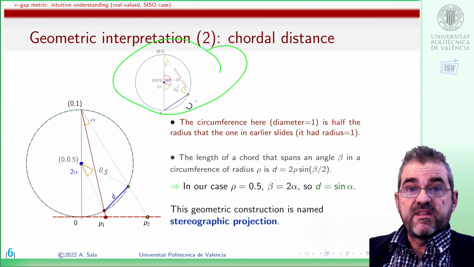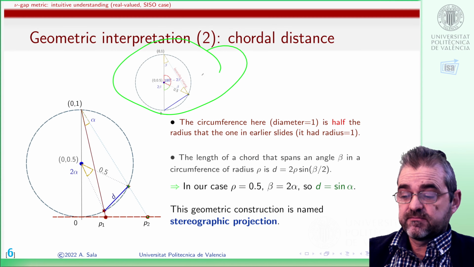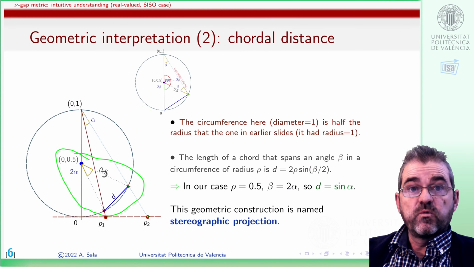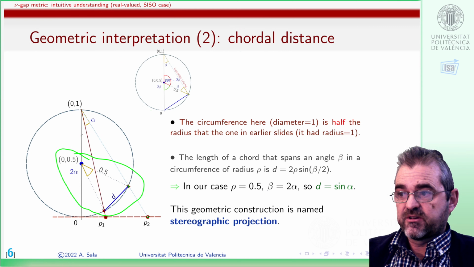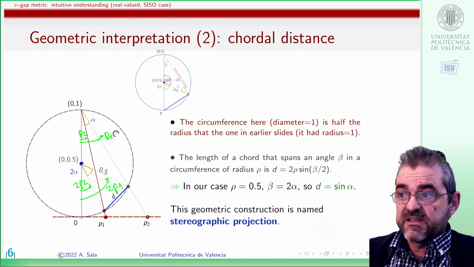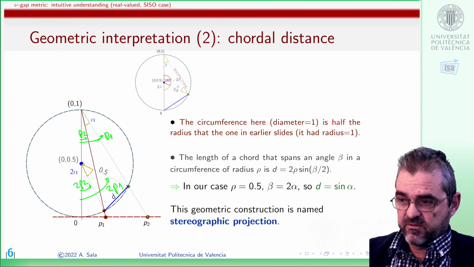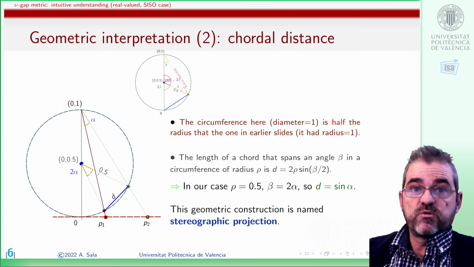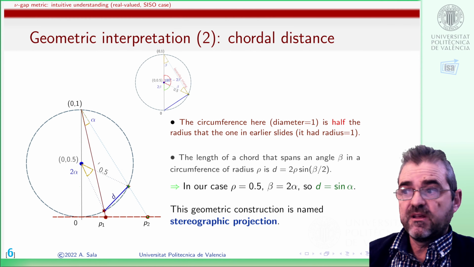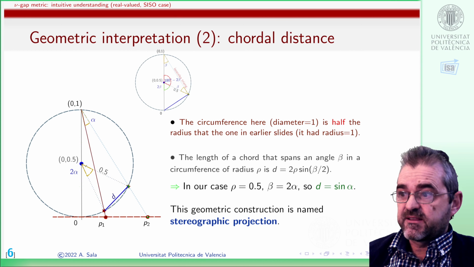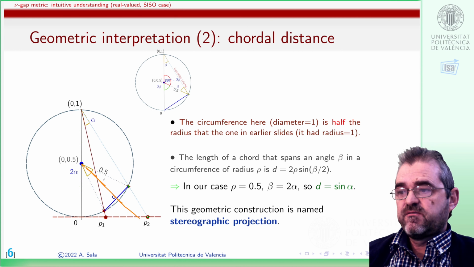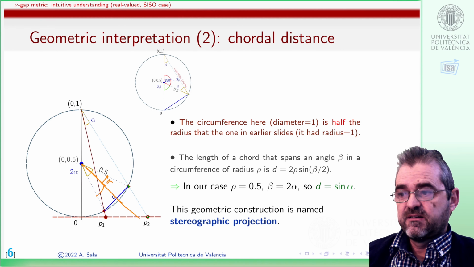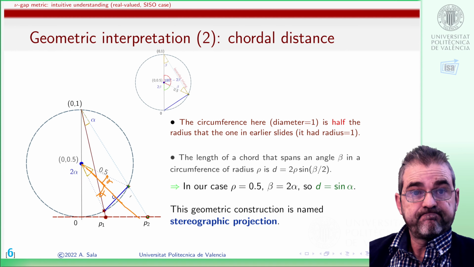Then, with this angle duplication trick, this angle will be 2 alpha, because the original angles beta 1, beta 2 will be duplicated, so the difference will also be duplicated. So this is 2 alpha, and now if we split that angle into halves, then this will be alpha, this will be alpha.